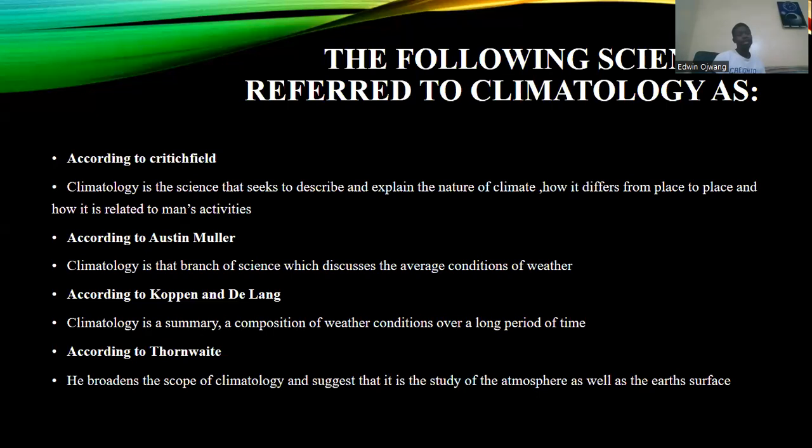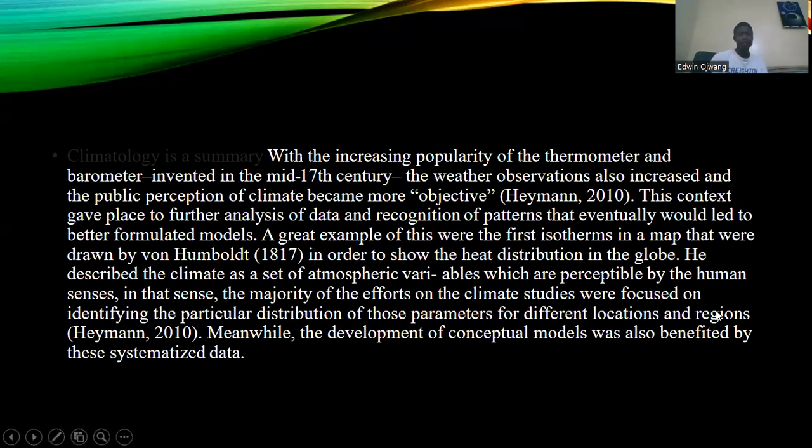The third are Köppen and Geiger, who say that climatology is a summary and a composition of weather conditions over a longer period of time. The fifth scientist was Thornthwaite, who broadens the scope of climatology and suggests that it is the study of the atmosphere as well as the Earth's surface.